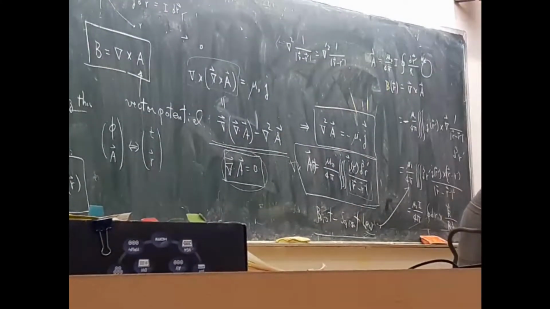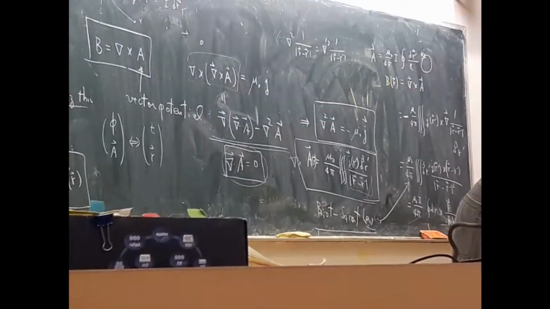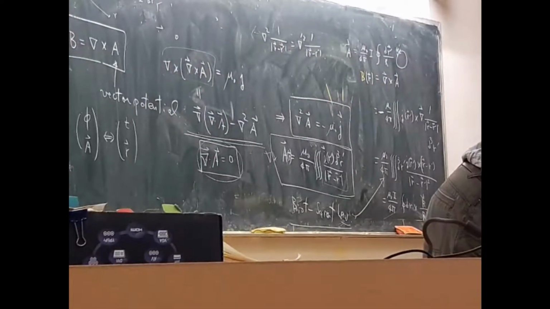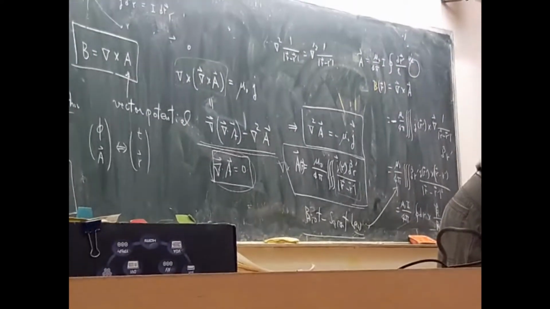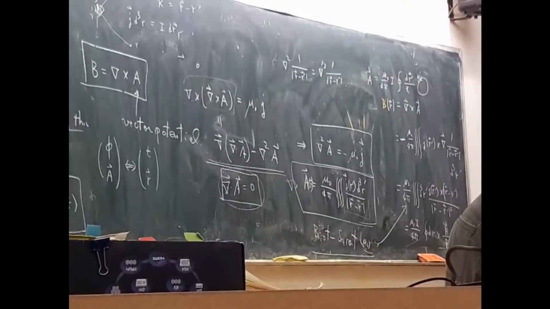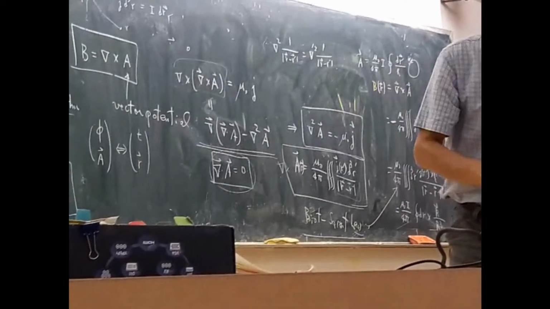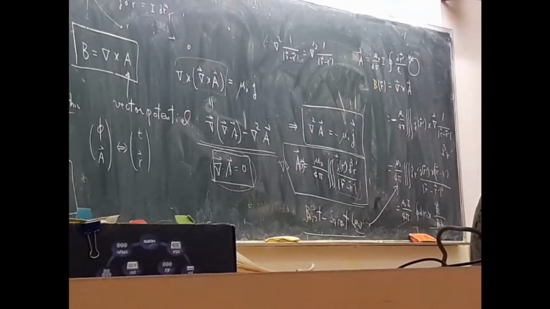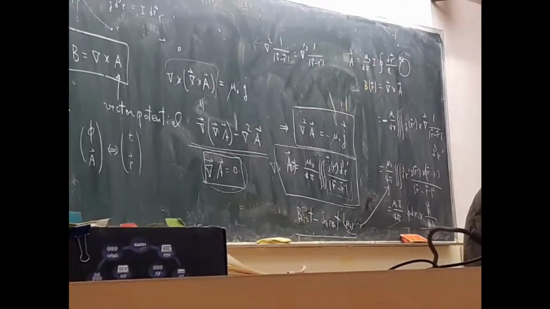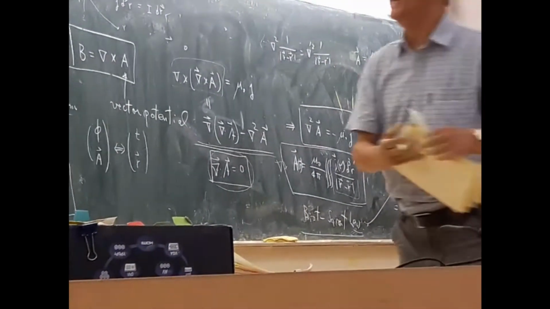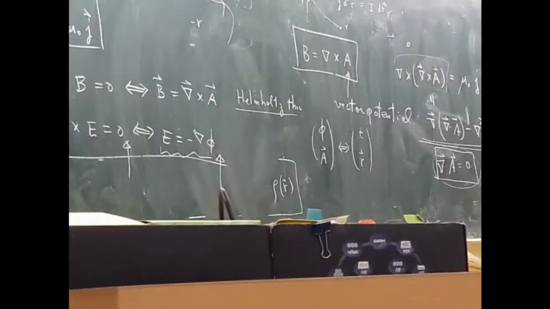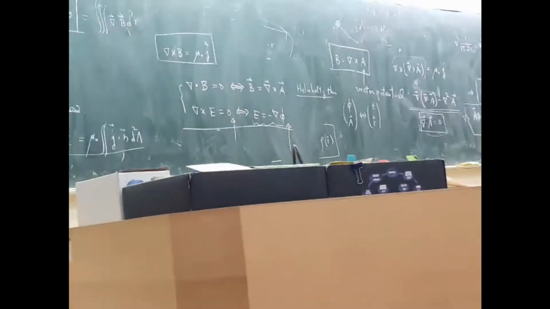You said that the magnetic fluxes for surface 1 and surface 2 were the same, right? So in which cases are the magnetic fluxes not the same? No, they are always the same.